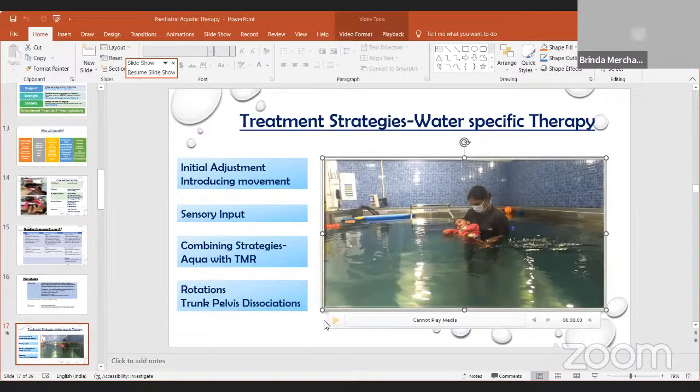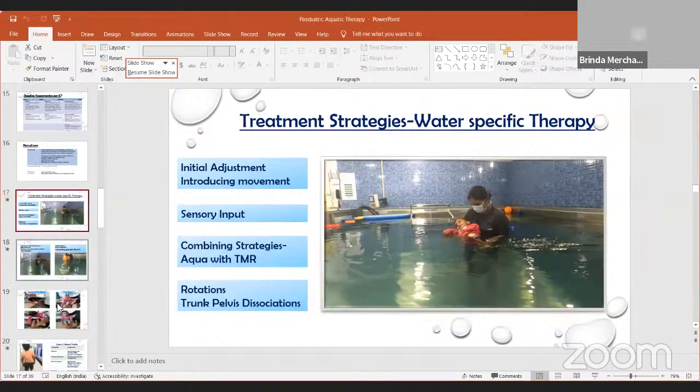Again, as you can see, there is an internet issue, and we can definitely catch up later, probably. Unfortunately, I'm not able to show you the video here, but treatment strategies would include initial adjustment, introducing movement to the child, providing sensory input, combining various strategies that we would know of from land to best advantage in water.